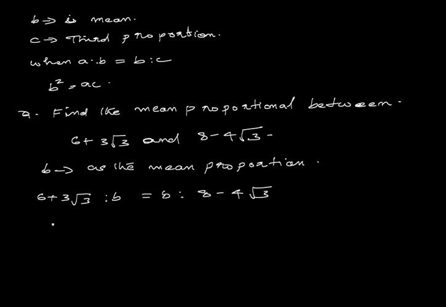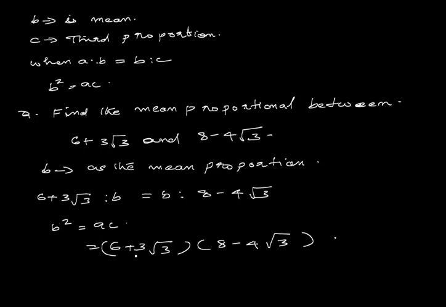Then B square is equal to AC, that we know. From this we can say that B square is equal to, here A is 6 plus 3 root 3 and C is 8 minus 4 root 3. So that's A into C, 6 plus 3 root 3 into 8 minus 4 root 3.